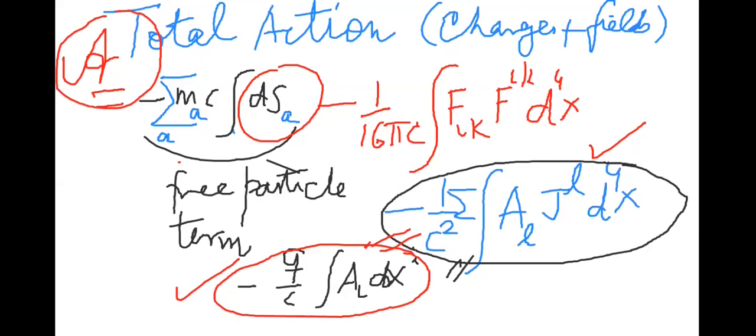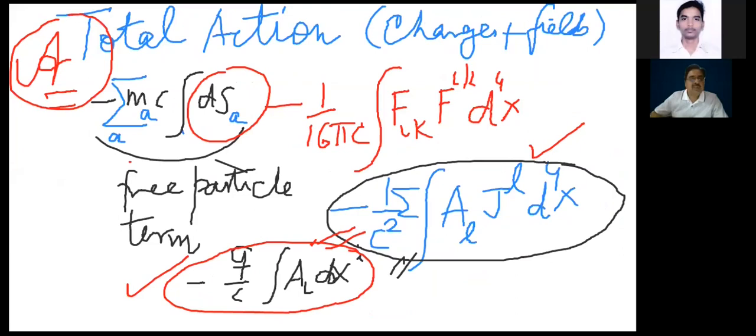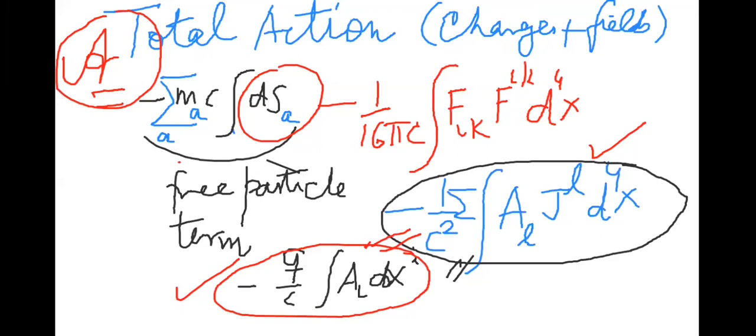Sir, he is asking what's the significance of the negative sign in action. So I had already told this, the negative sign of action is necessary in order to make it minimum. Even when talking about the free particle, I had told that this negative sign ensures that the action becomes minimum, or rather extremum, and it can happen for a particular case when the particle is at rest.